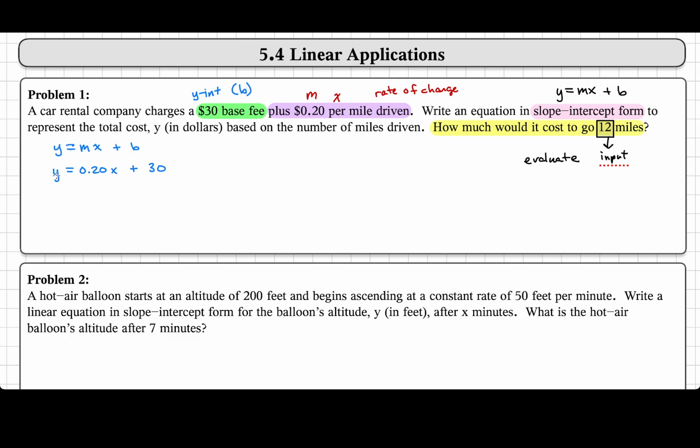We're going to take this y equals part and change it to f of x equals. So in Desmos I'll type f of x equals 0.20x plus 30. Then on the line below it, I'll type in f of 12, and it's going to spit out an evaluation of that function.